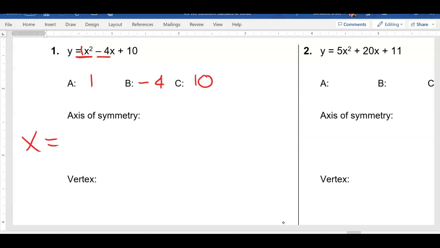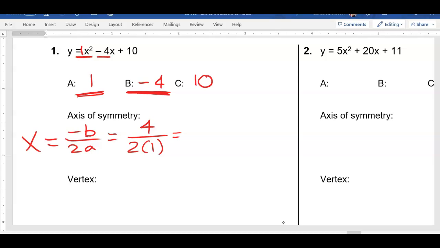Is everyone looking over here instead of your phones or something else? I'm showing you how to do one so you can know how to do it. It's -b/2a. So -b. What's the opposite of this -4 right here? +4. Over 2 times, what's my A value? 1.